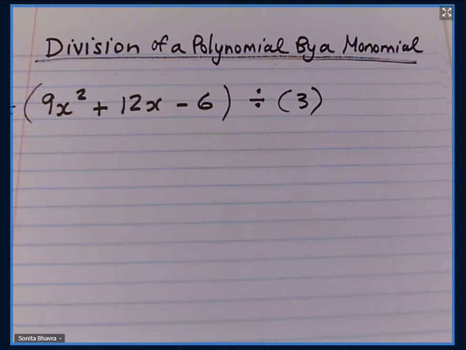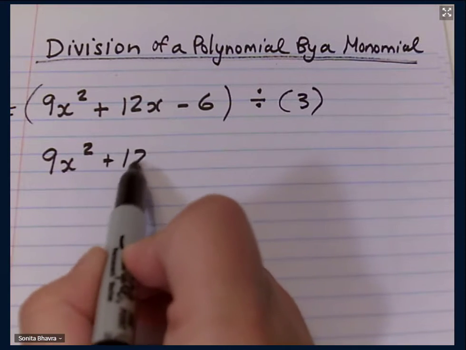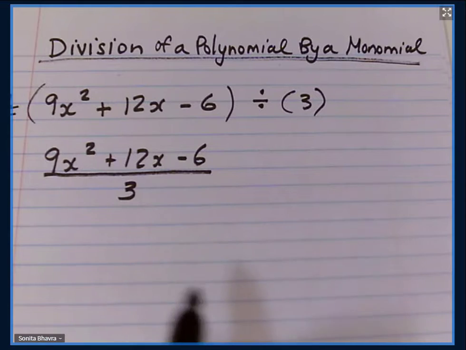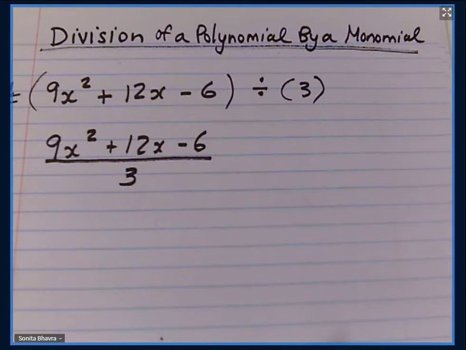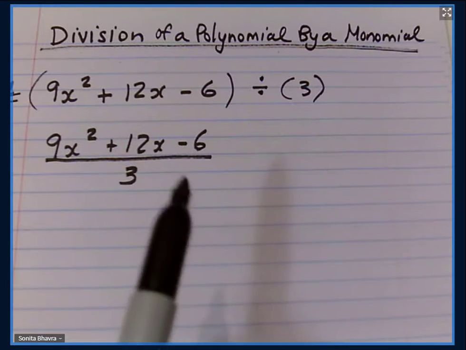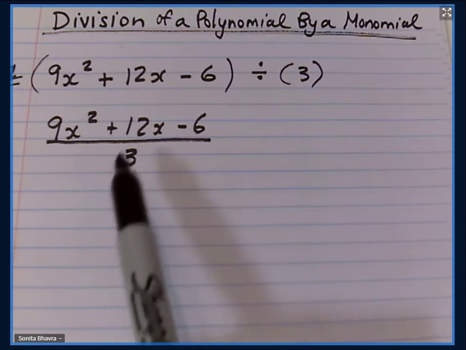What I suggest for students is to rewrite this in this form. It's just easier to see that you're dividing each term by the 3. All right, so each term has to get divided by 3.